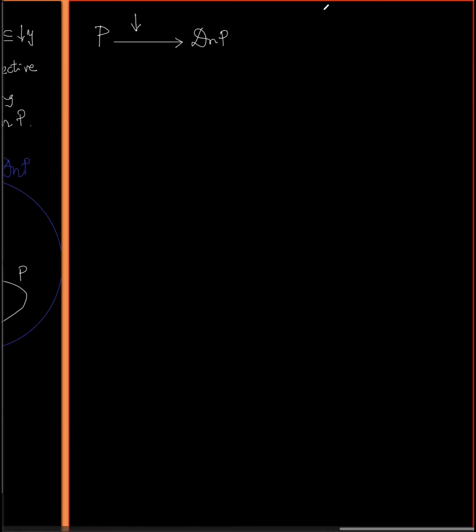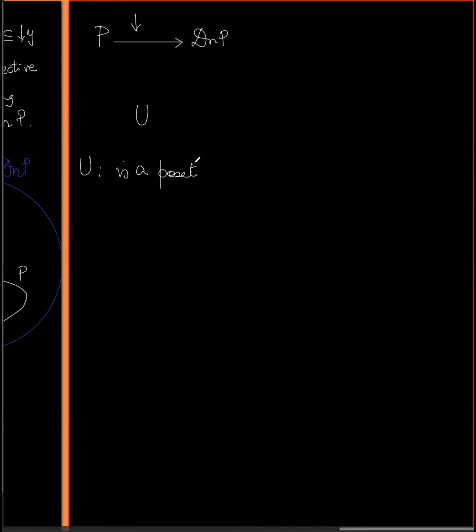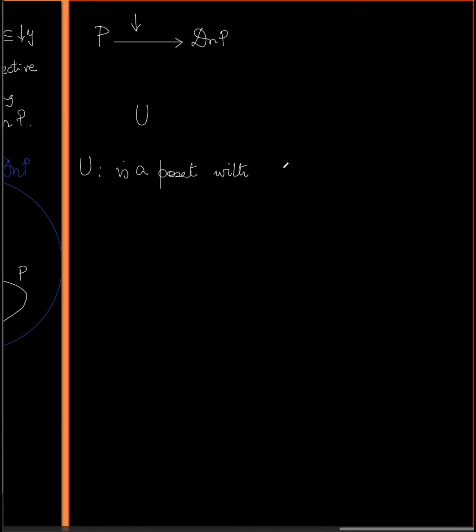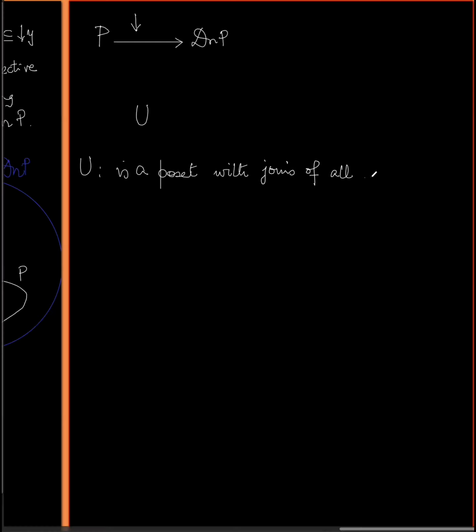And suppose I have, let me say, U. So U is a poset with joins of all subsets.